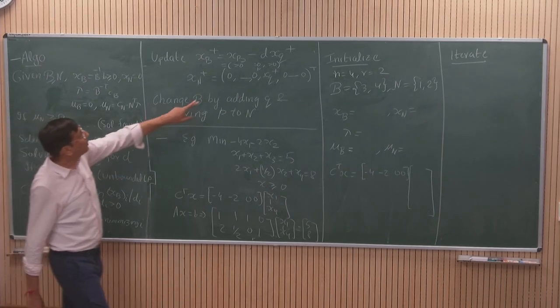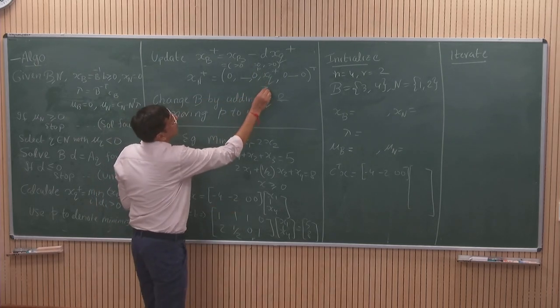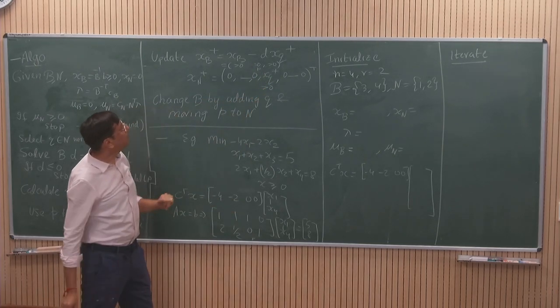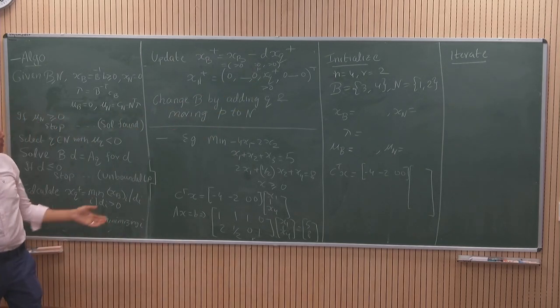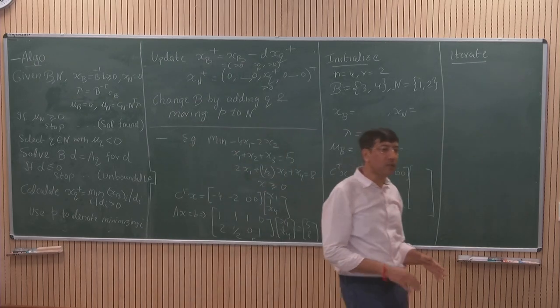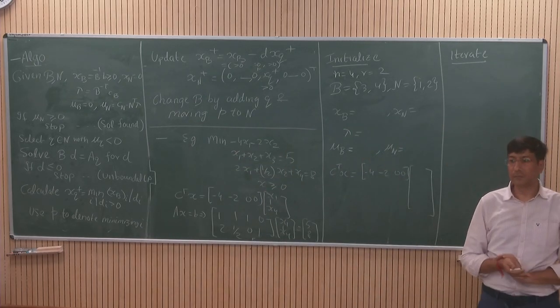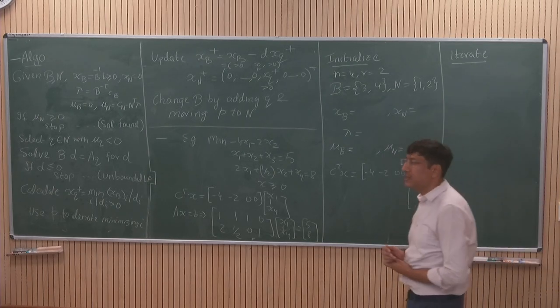So now you've got a 0 in the xb plus and a non-zero in the xn plus, and you're going to swap them. That is what is written: add the q to the b set and take the p from b to the n set.